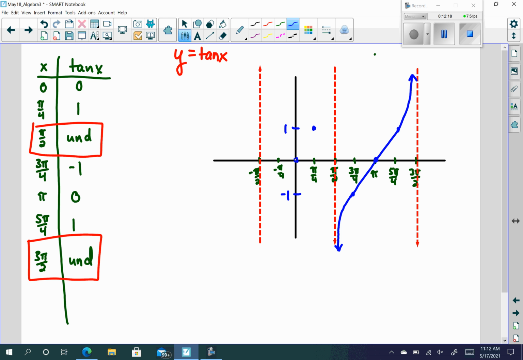So if this is at 1 here, 0, then negative pi over 4 would be right here, and then the curve would kind of continue. All right, so from here to here, this would be one period of y equals tangent x.